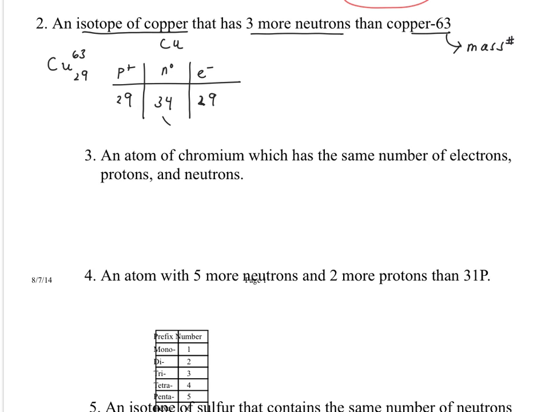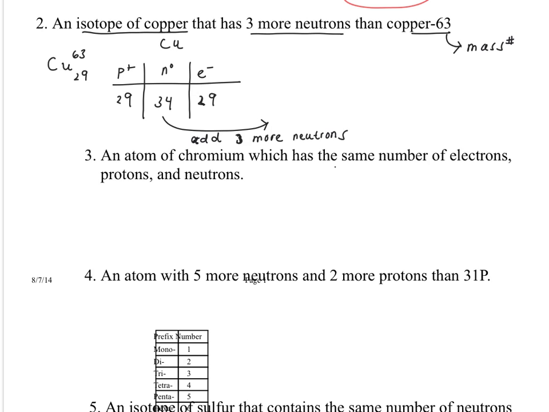And what we need to do is it's asking us to add 3 more neutrons. So let's go ahead and add 3 more neutrons, and that will mainly affect the mass number.